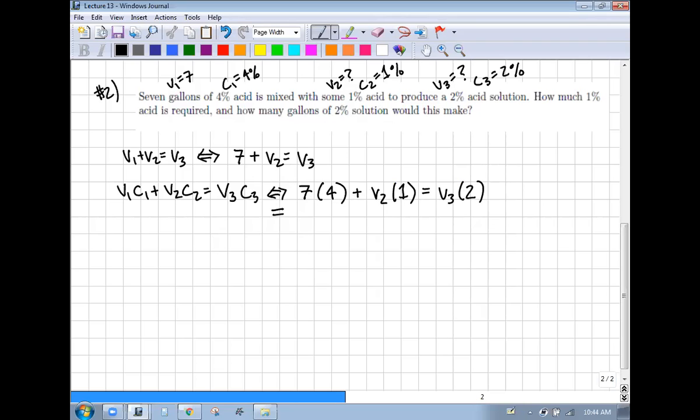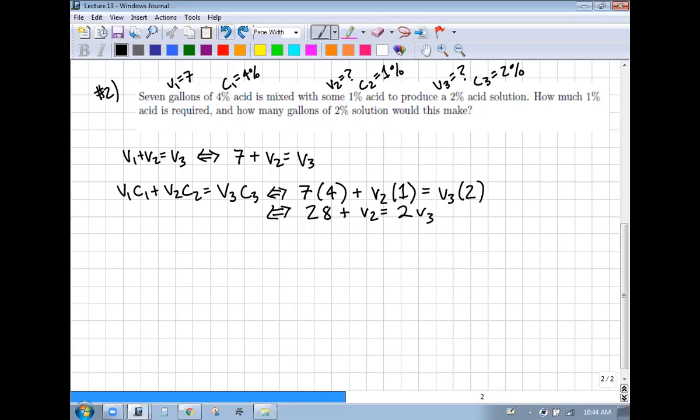So what we're looking at here, 7 times 4 is 28. 1 V2 is just V2. And then we have 2 V3. So we have this equation and this equation. There's 2 equations here and 2 unknowns. This one has 2 unknowns, this one has 2 unknowns, so you can't really solve for one of them.